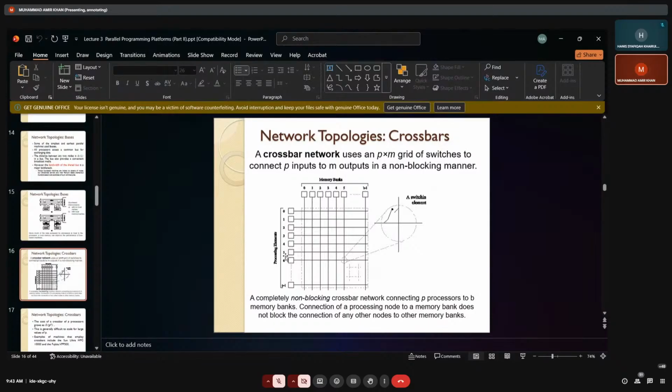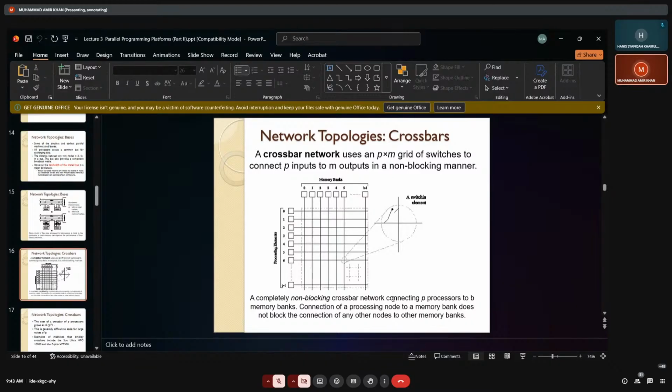For example, a completely non-blocking crossbar network connecting P processors to B memory banks. You can see all are interconnected with each other. The connection of a processing node to a memory bank does not block the connection of any node to any other memory bank. Each and every processor is connected to all memory banks. This is the second network we call the crossbar network.